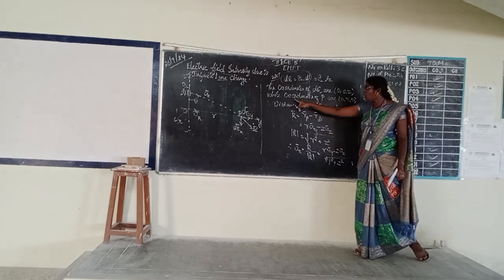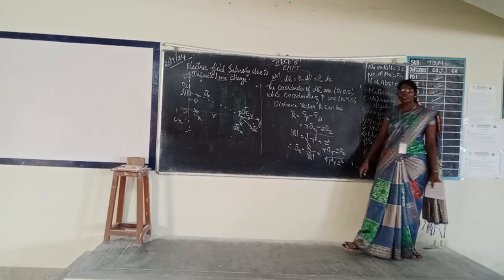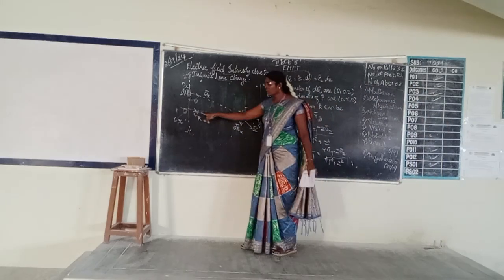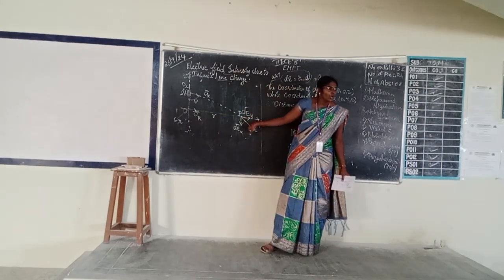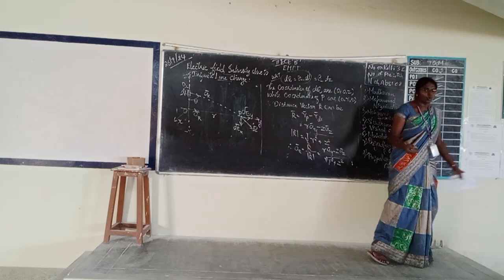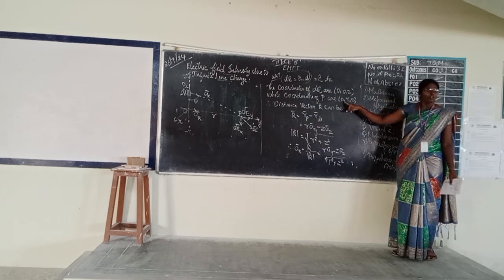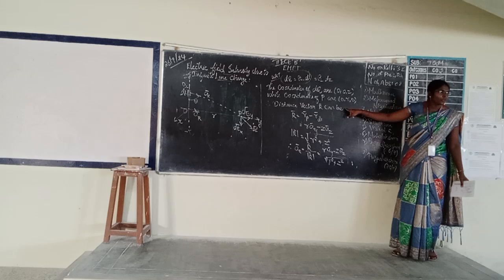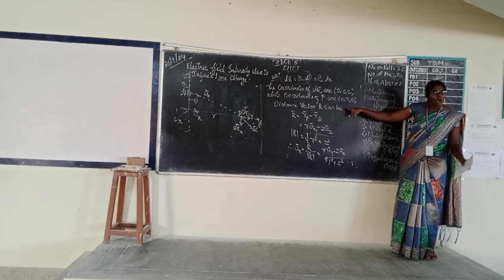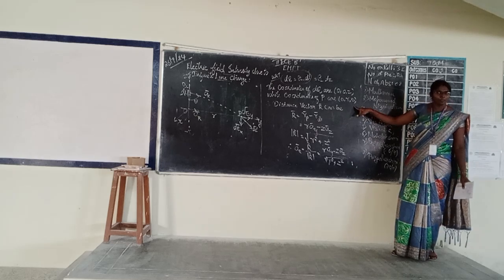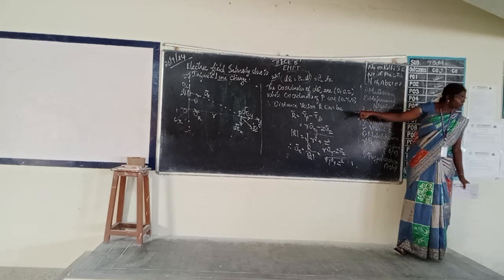The coordinates of P: P is from the origin O along the Y axis. For x there is no point, so it is 0. For y the distance from the origin is r, and for z there is no point, so it is 0. Clear up to this?